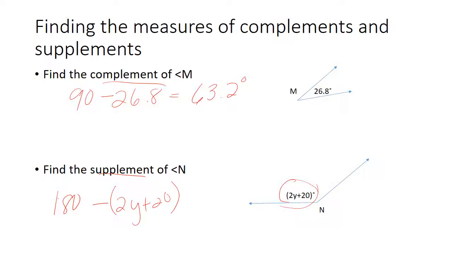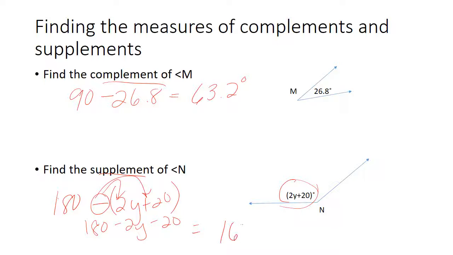Now, here's where you've got to be careful if you recall from algebra. If you have a negative sign out in front, that negative sign is going to go in and change all of your signs. So that would be 180 minus 2y minus 20. Go ahead and combine like terms. We have our 180 minus our 20 is 160.